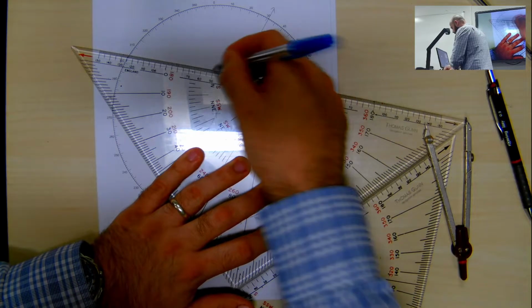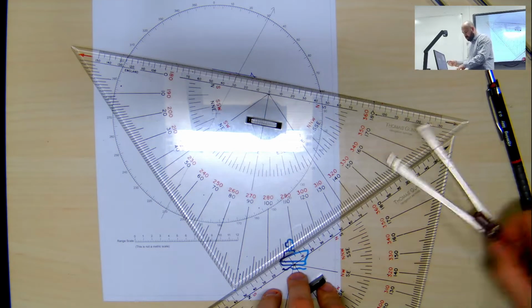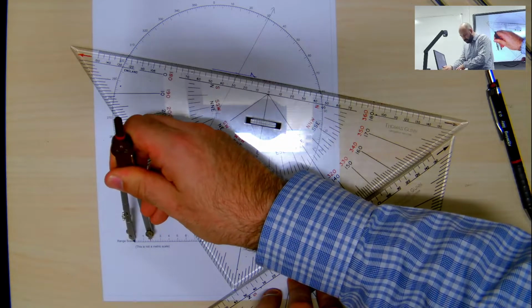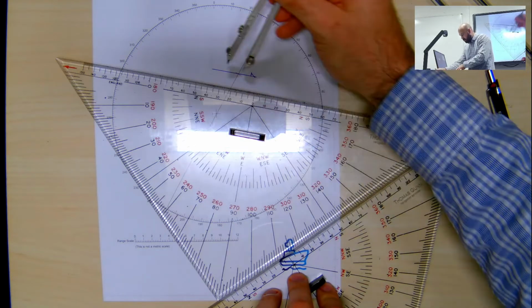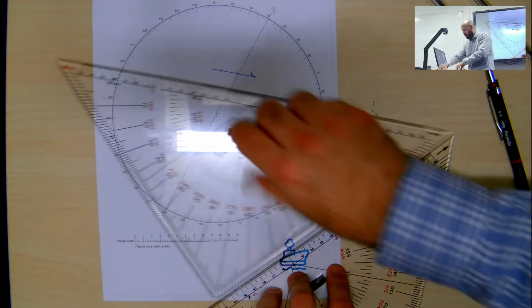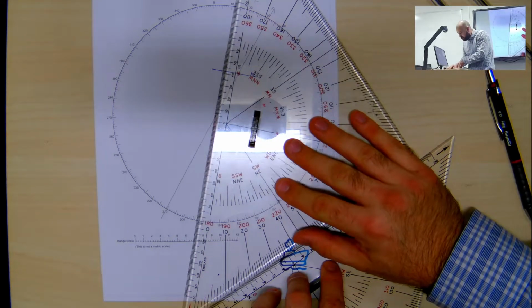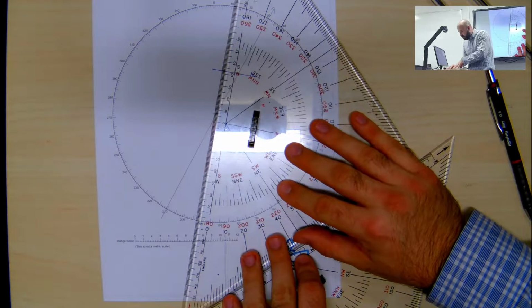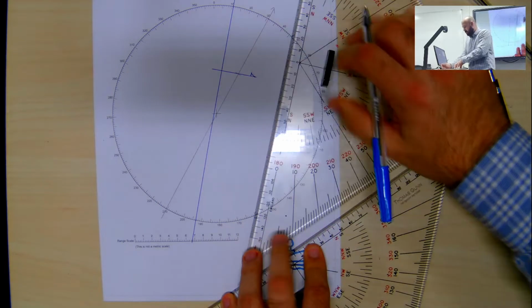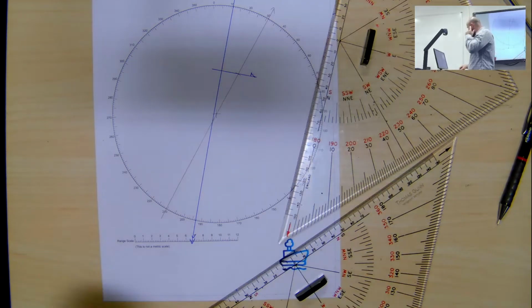So I'll plot 102, 1.8 away. I'm going to just measure the 1.8. It's going to be there, and I'm now going to draw that position line clean in straight through that point, so it's going to be there like that. Now I'm using pens, you should be using a nice sharp pencil, but I'm just doing this so it stands out, and we're going to put a double arrow on each end because it's ran up.